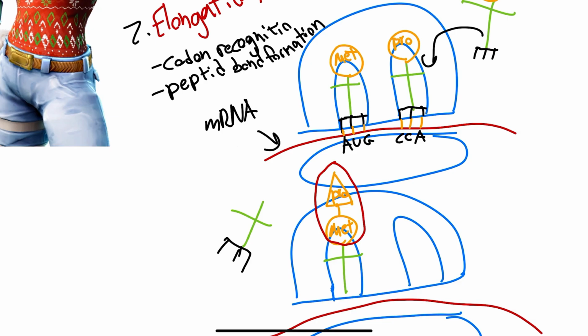Because when two amino acids connect together, that is called a peptide bond. And then the whole idea of this guy moving over to here and this guy leaving, that is called translocation.